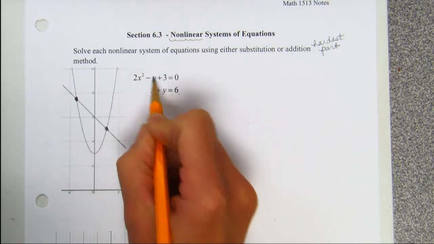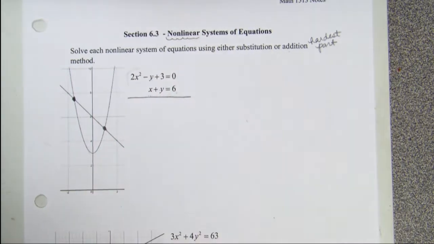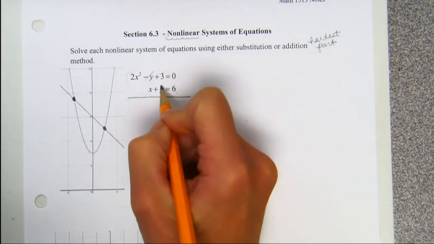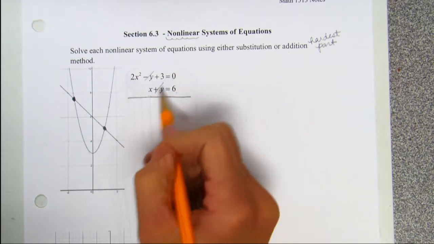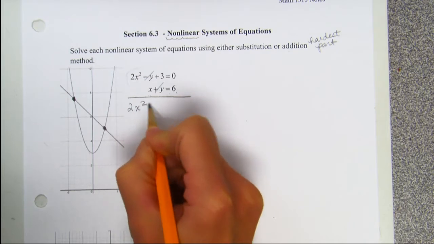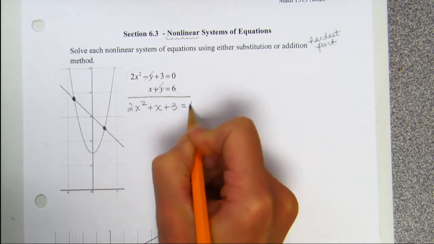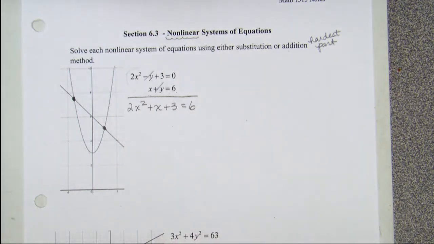These are already opposite signs, and they have a leading coefficient of 1. We go to add, the y's are going to cancel. You can't combine anything else, they're not like terms, so we're going to bring it all down. 2x squared plus x plus 3 equals 6. I just added the left side and I added the right side.